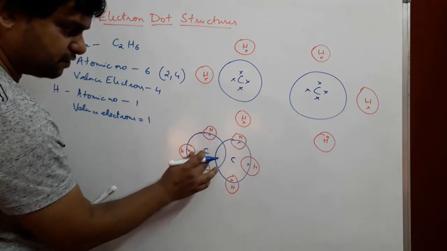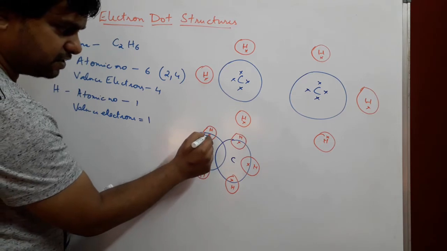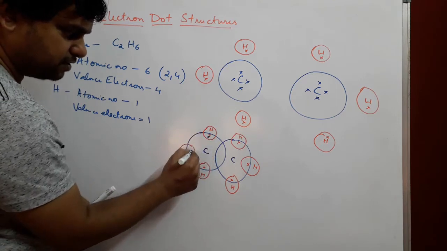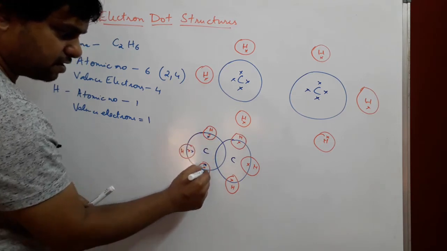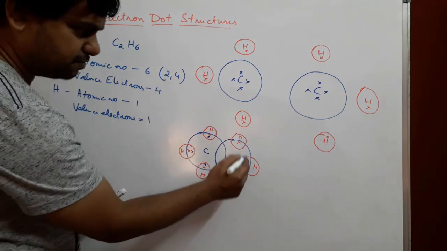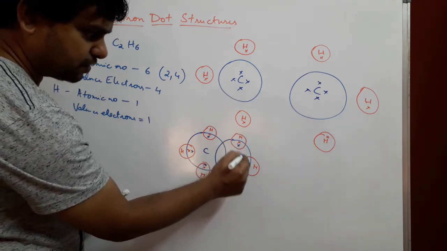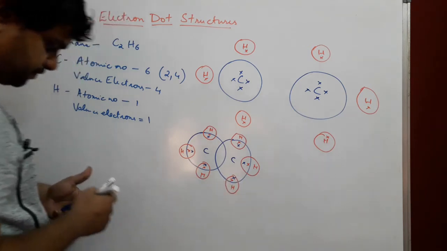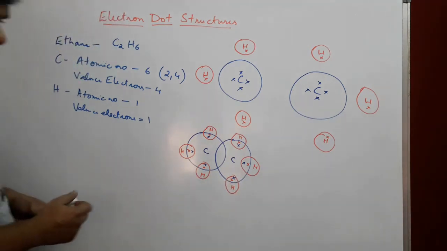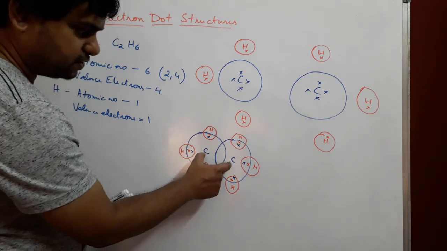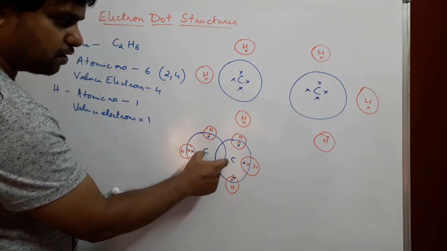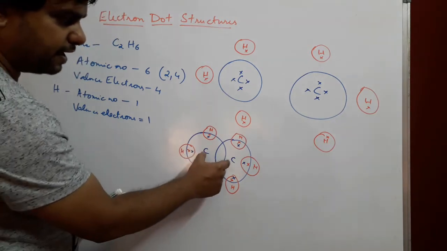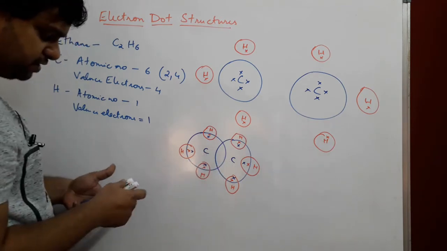So this carbon atom will share 1 electron each with the 3 hydrogens, and the other carbon atom will share one electron each with each hydrogen atom.